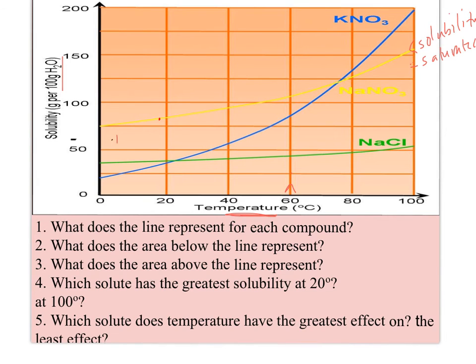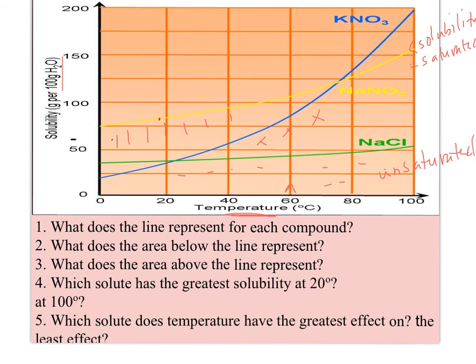Then any amount below the line, below the yellow line, below the blue line, below the green line, that's where it's unsaturated, when you put in lesser amounts. So what does the line represent for each compound? It represents the saturation or the solubility. What does the area below the line represent? That represents when it's unsaturated.